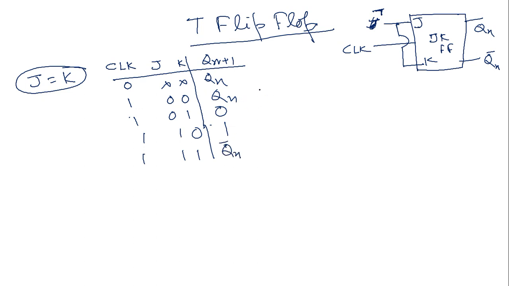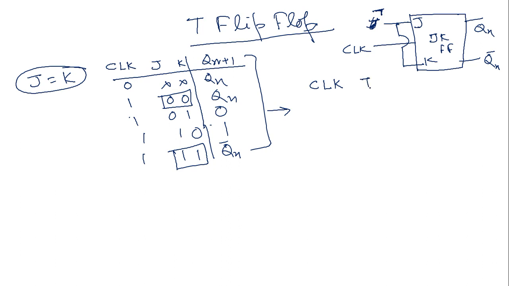So from this table we can say that for the T flip-flop, the J equals K equals 1 condition we should consider. So we can reduce the table.